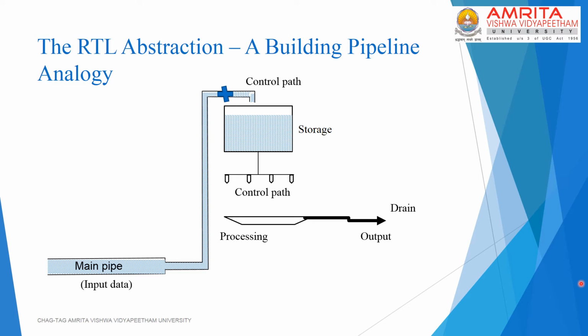So depending on the nature and gravity of the exception that has been caused, as indicated by the status bits, appropriate action will be initiated by the control path elements. So the building pipeline analogy, I feel, effectively models the RTL abstraction in terms of the data path and control path.